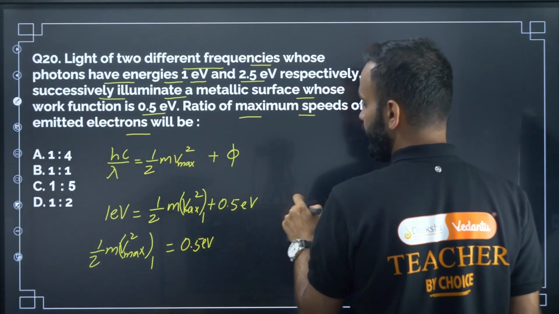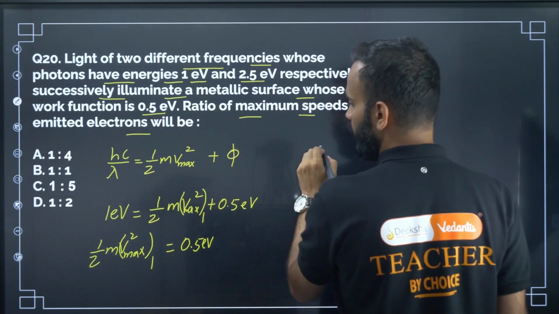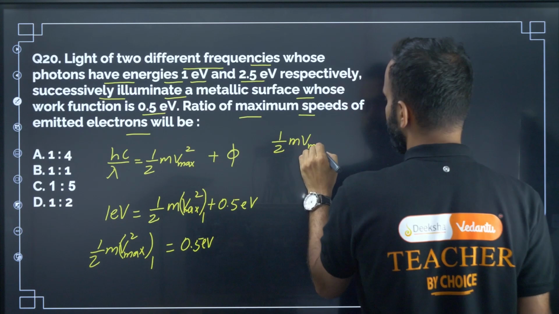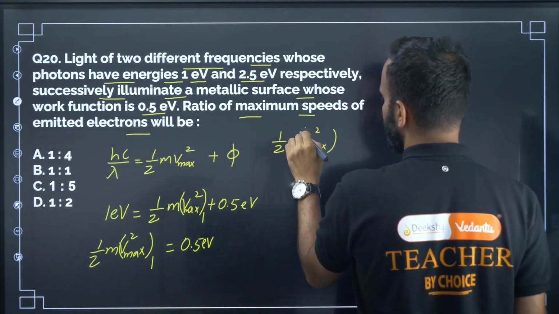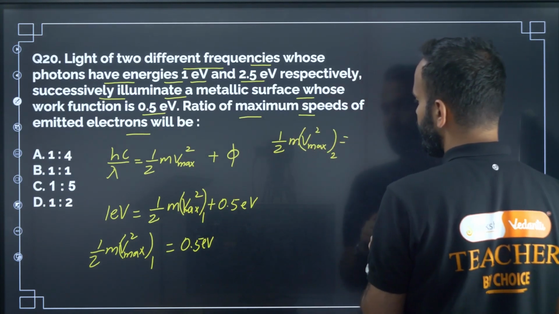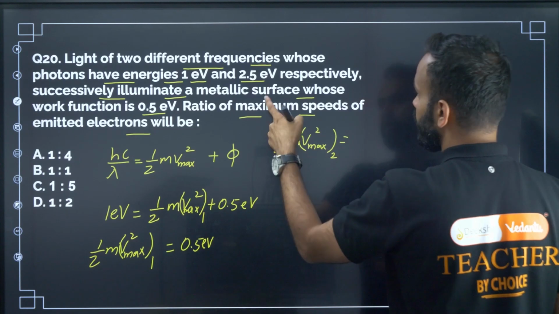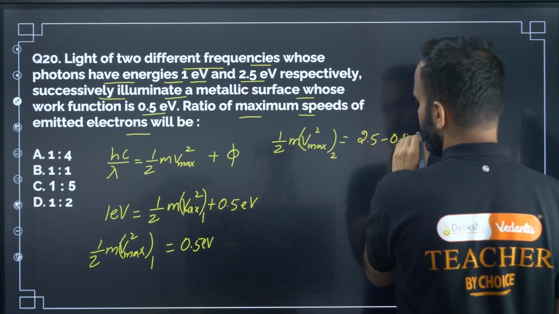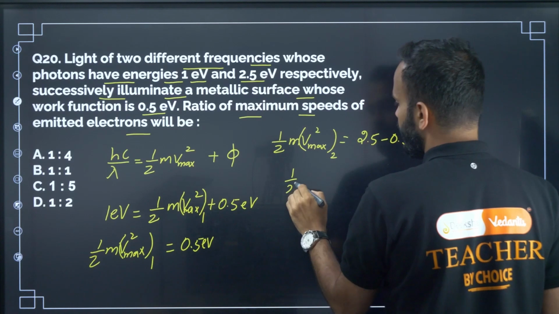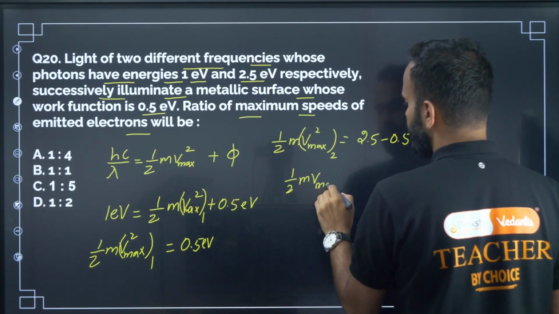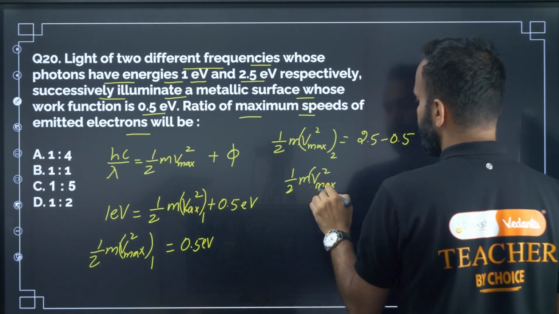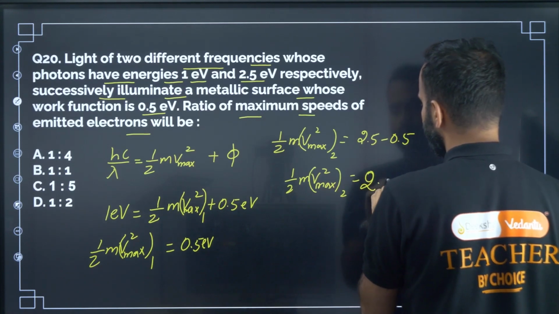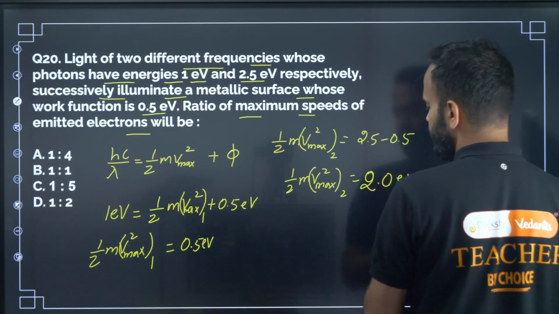Similarly for the second photon, half m v max square 2 is equal to 2.5 minus 0.5, right? So half m v max square 2 is equal to 2 electron volt.